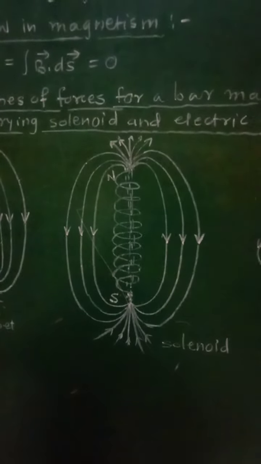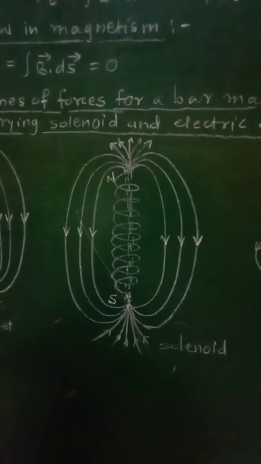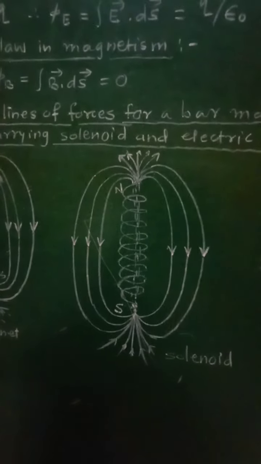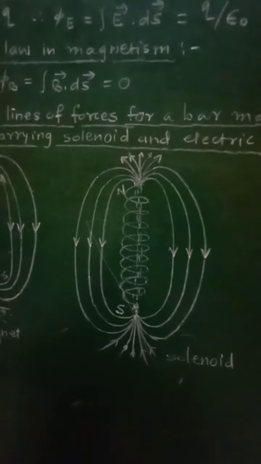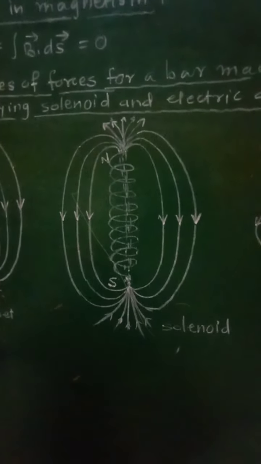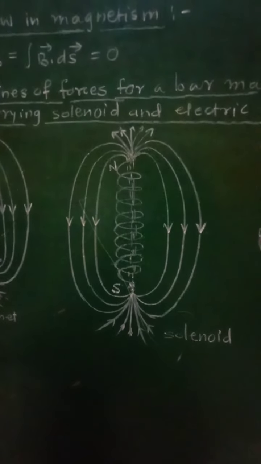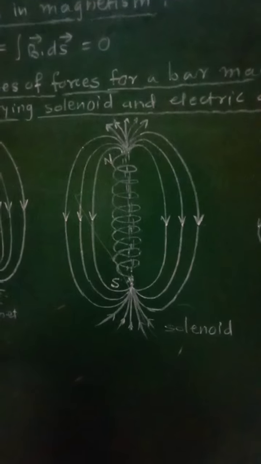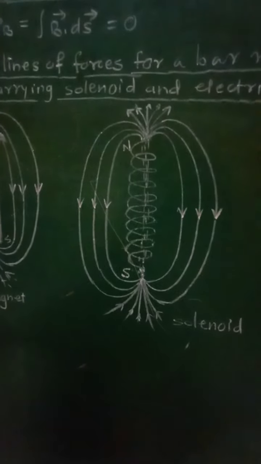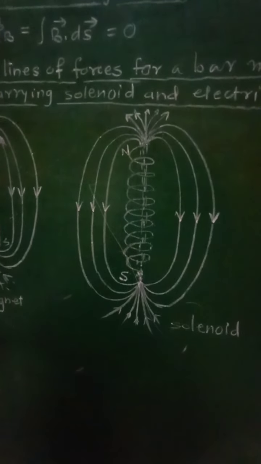So in case of electrostatics the isolated, that is single electric charge will exist, but in case of magnetism an isolated magnetic pole does not exist.